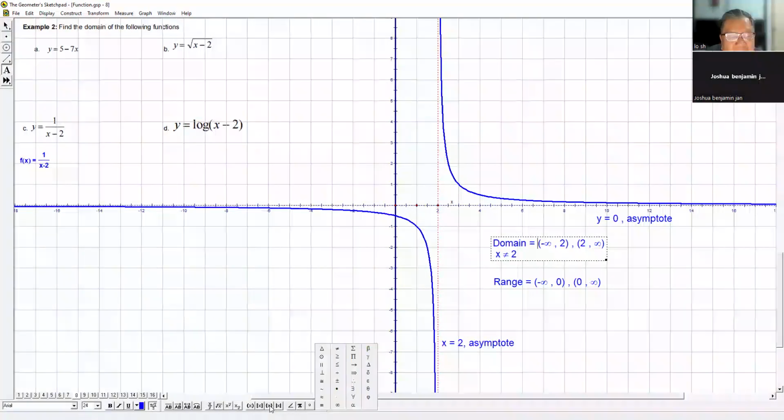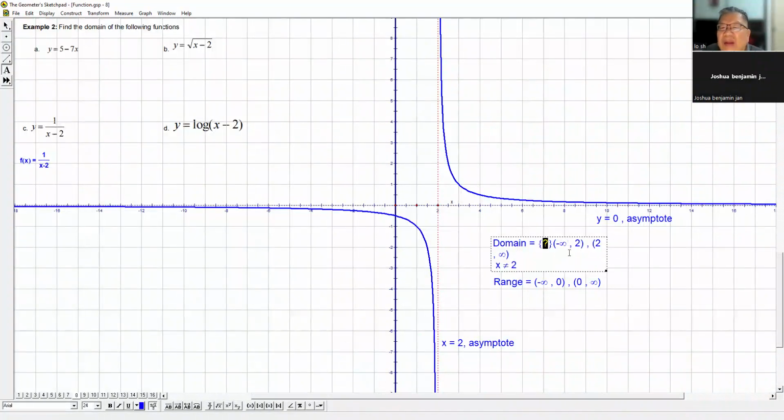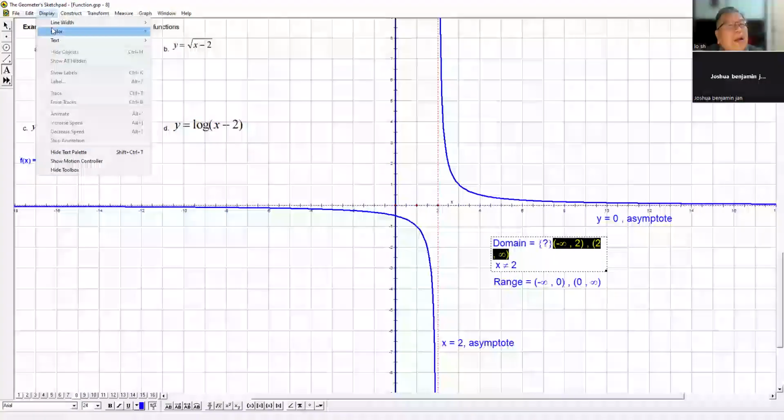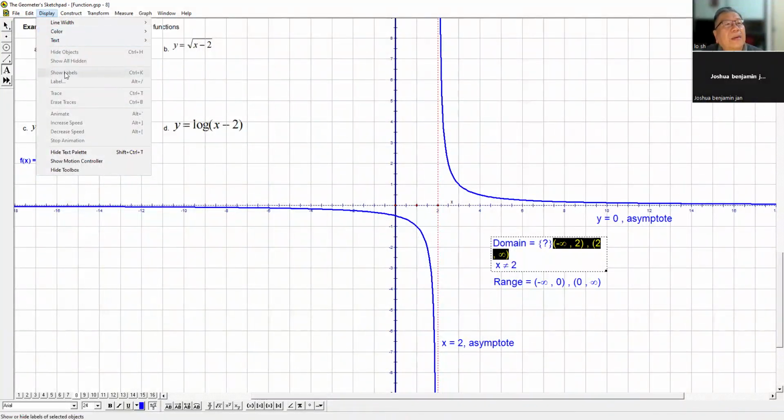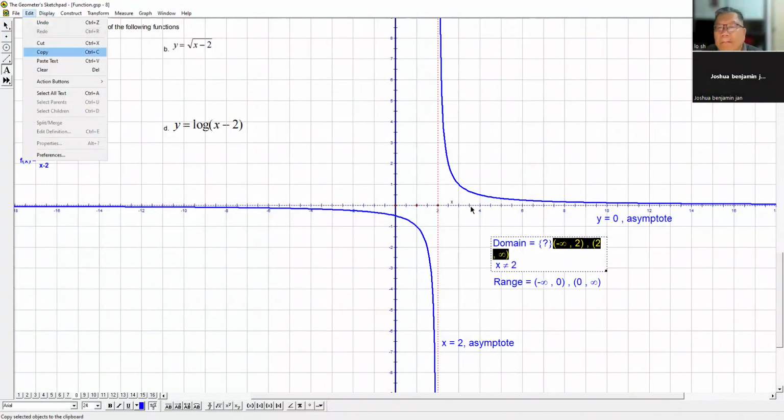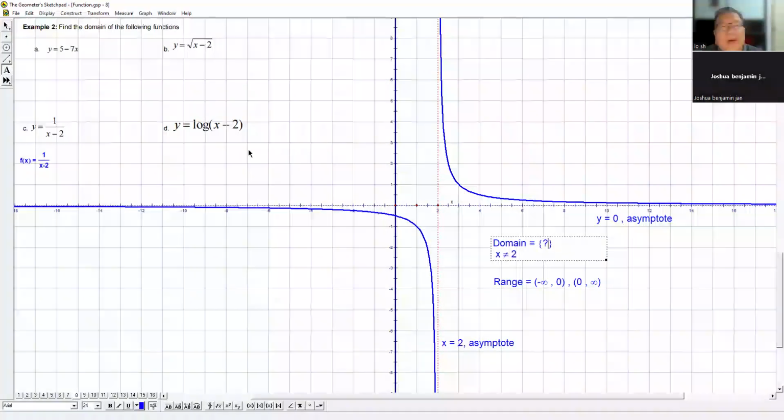This one again. They write like this. Then this thing they put inside there. So it will be like this.